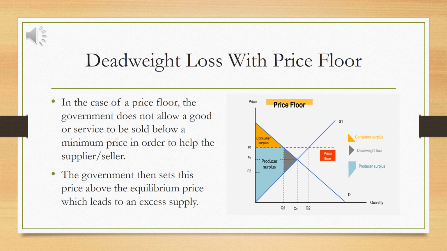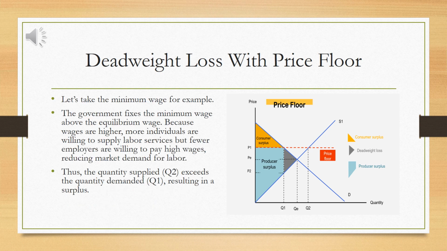In the case of a price floor, the government does not allow a good or service to be sold below a minimum price in order to help the supplier or seller. The government then sets this price above the equilibrium price, which leads to an excess supply. Let's take the minimum wage for example. The government fixes the minimum wage above the equilibrium wage.